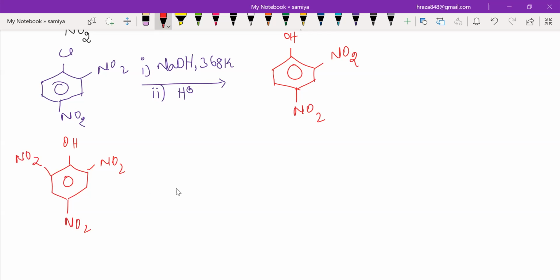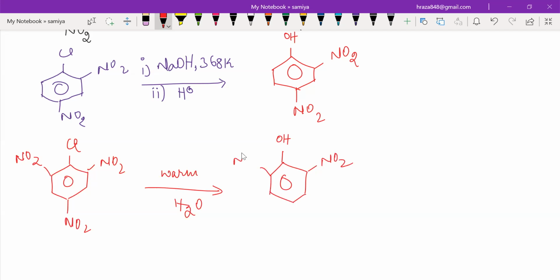And if you just put this in warm water, then sorry, this is not OH, this is Cl, chlorobenzene. This Cl will be easily replaced by OH. Please do this. Then I'm going to give you some questions. And in the next class, we are going to complete this chapter.